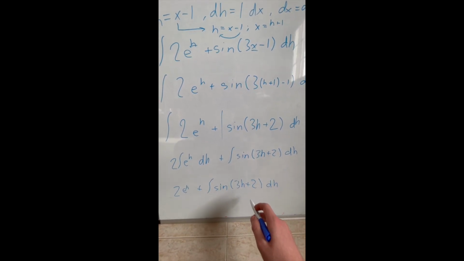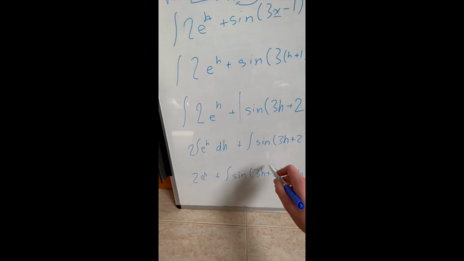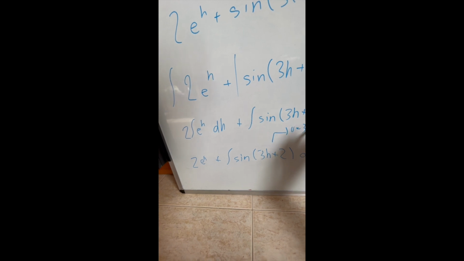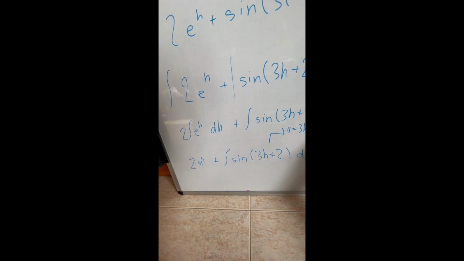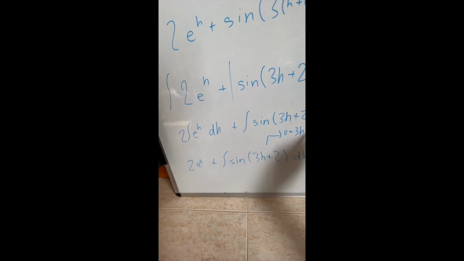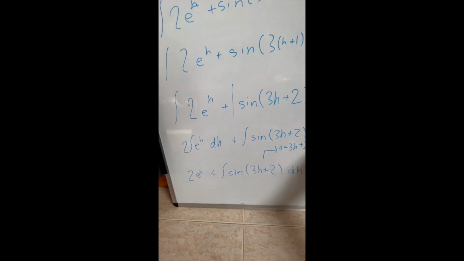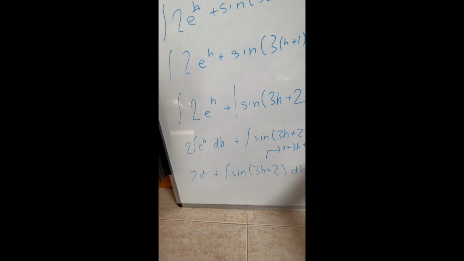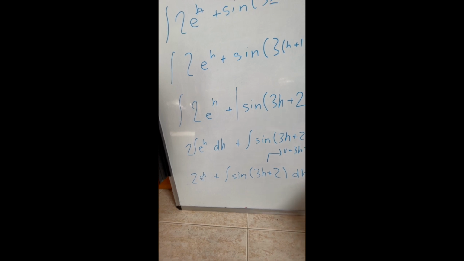So let's substitute it by u, for example. Let's say that u is equal to 3h plus 2, and therefore du is equal to 3 dh, so dh is equal to du divided by 3.